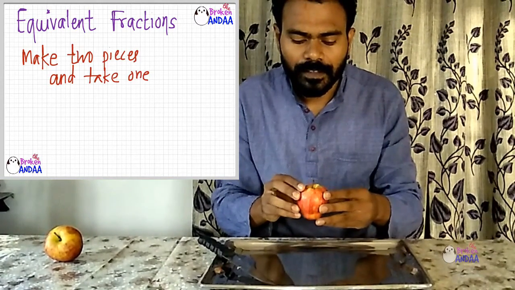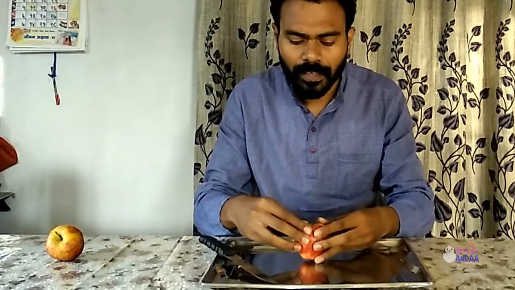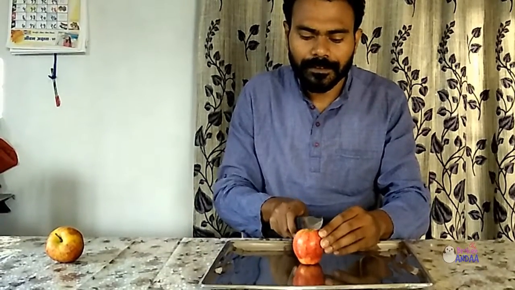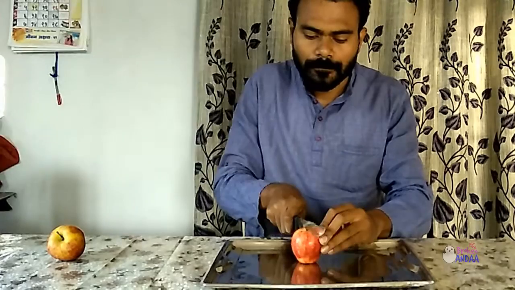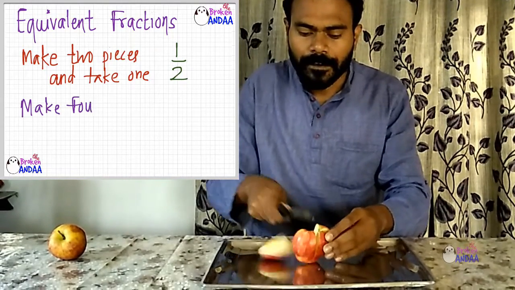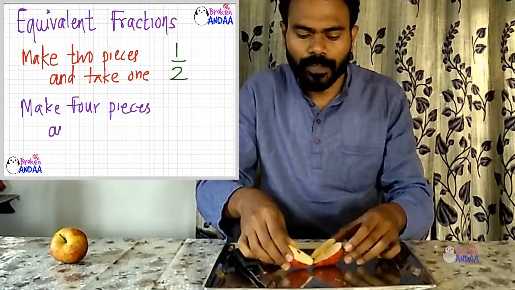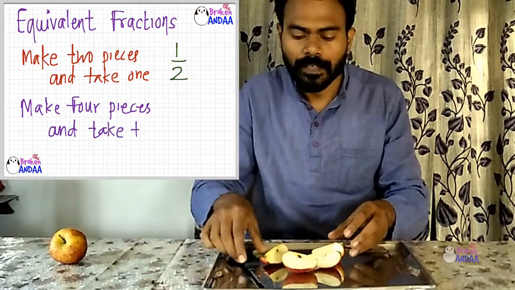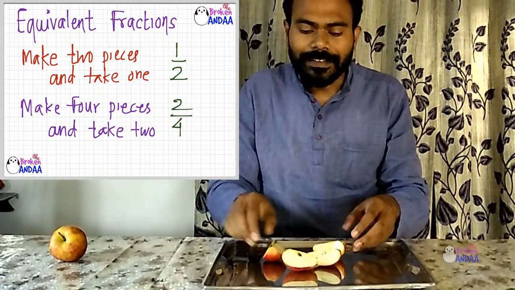But what if I take this apple, I will cut it like this, and now these are 4 pieces. And how much is this? This is 2. How much is this?